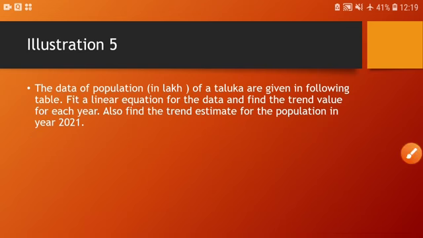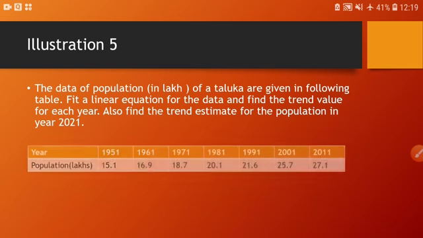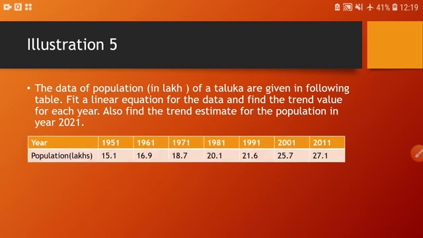First we will find the linear equation, and then we will estimate the population in year 2021. Now, the years 1951, 61, 71, 81, 91, 2001 and 2011 are given. The population is 15.1, 16.9, 18.7, 20.1, 21.6, 25.7, 27.1.